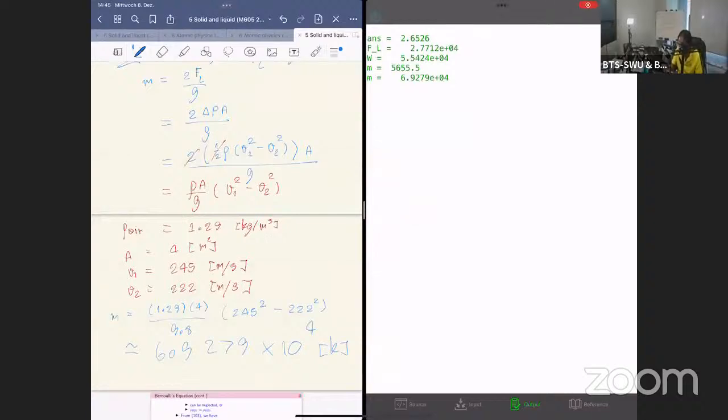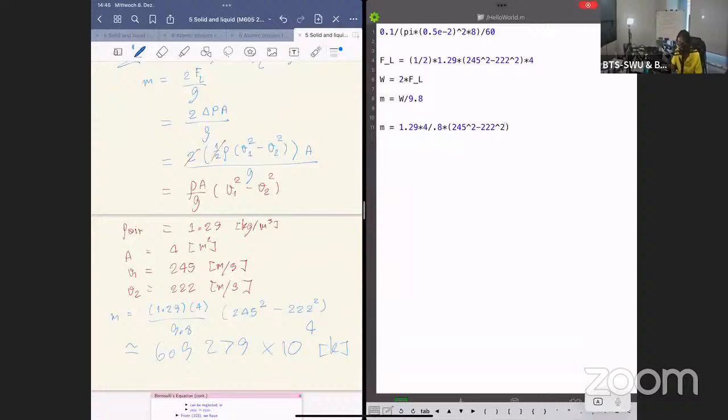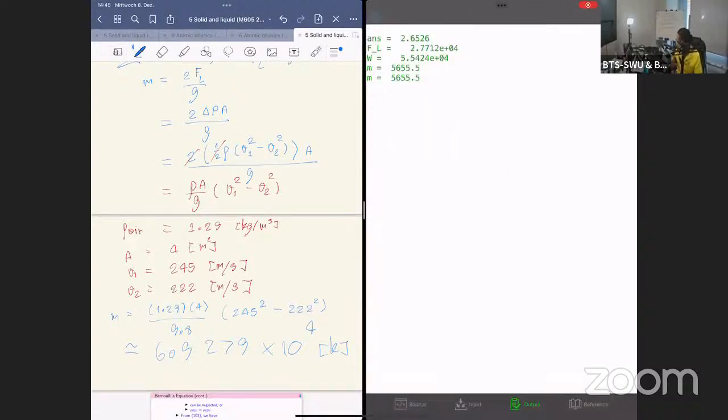245 square, 9.8, my god. So it's not a case, it's 5,655.5 kilogram, as an approximation.